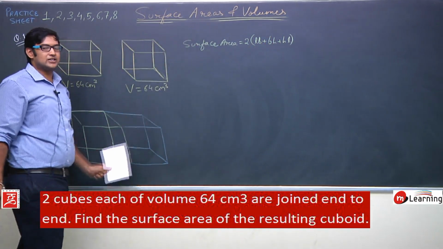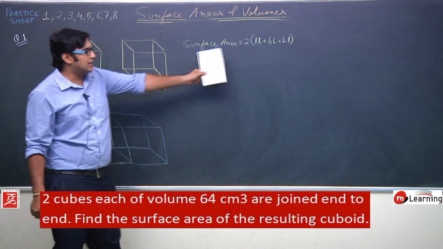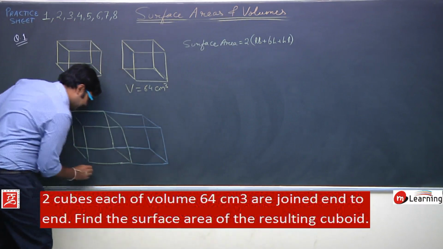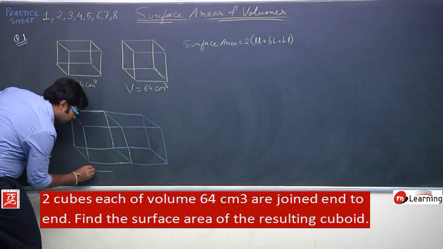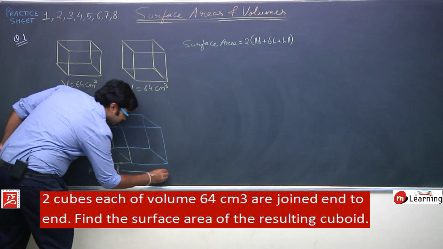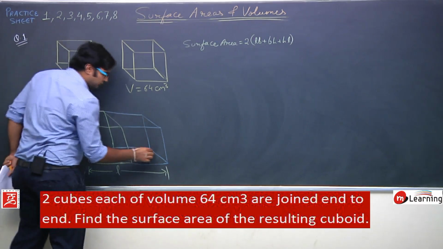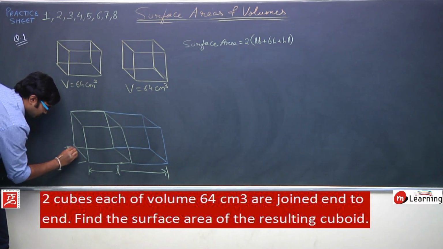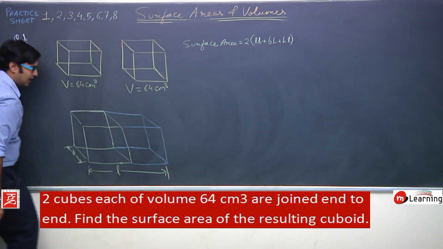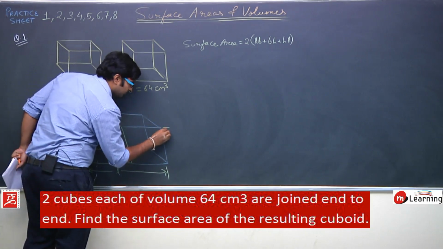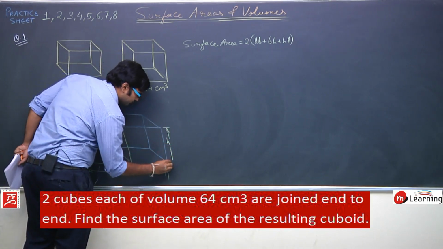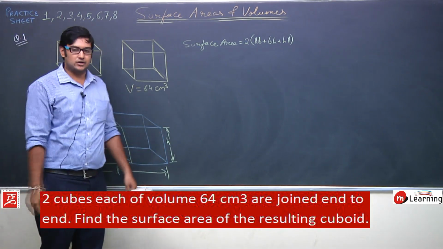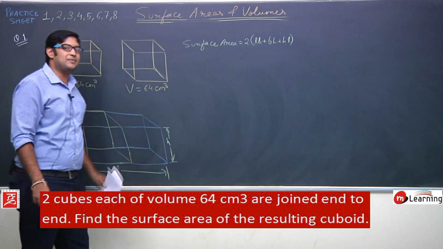So to calculate the surface area of this cuboid, I need B, I need H, I need L. All these three parameters are required: the length, the breadth, and the height. Can I calculate these three parameters?